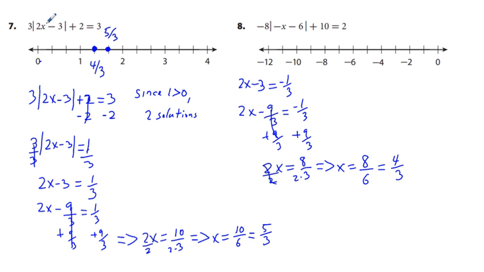Okay, 10/3 minus 3 is 1/3, and 3 times 1/3 is 1 plus 2 is 3. We plug in 4/3, we get 2 times 4/3, which is going to be 8/3 minus 9/3. We get negative 1/3. Negative 1/3 times 3, that's going to be positive 1/3. 1/3 times 3 is 1. 1 plus 2 equals 3. Check. These are the answers.